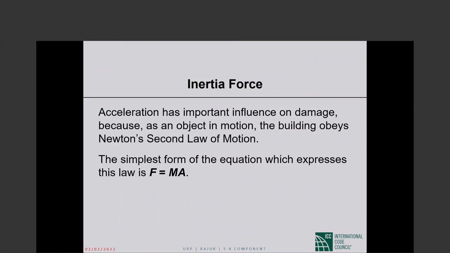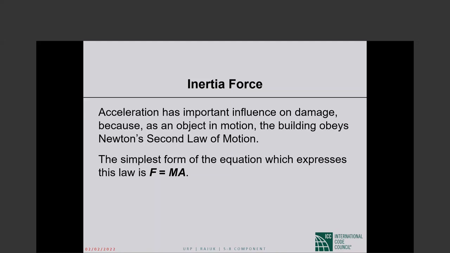Now, acceleration has important influence on damage because as an object in motion, the building obeys Newton's second law of motion.